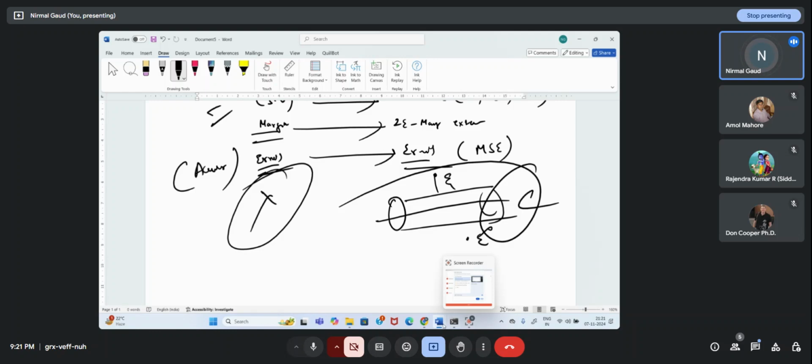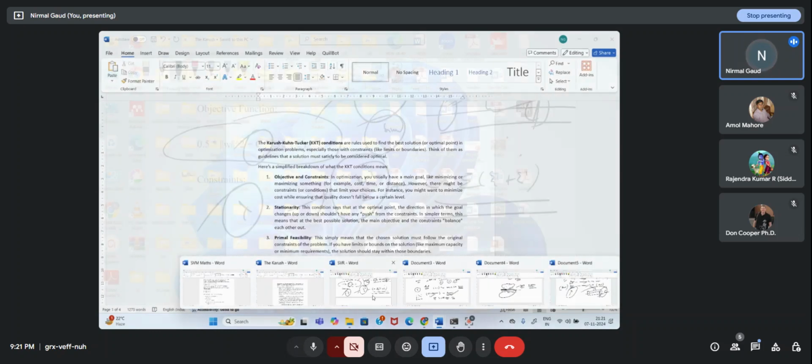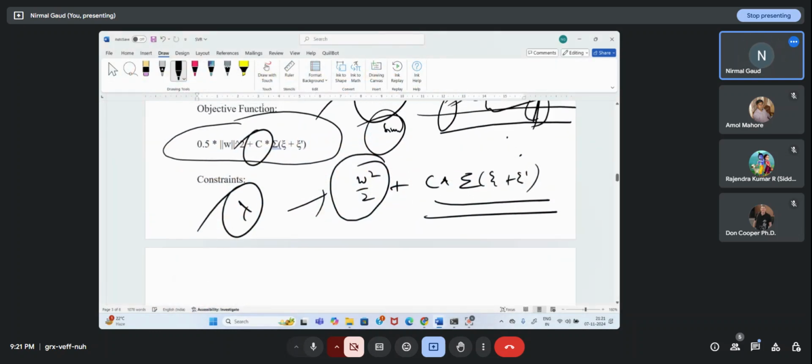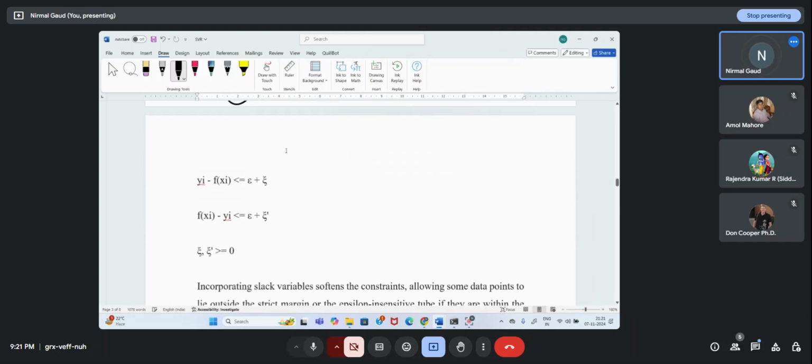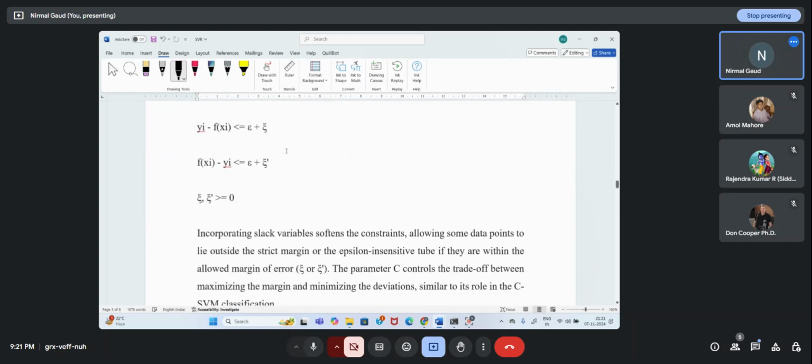And what they said? They said C into summation of slack plus slack dash. At that particular time, we were having the hyperplane. Now we are having the slack variables. Slack variables will be responsible, and the slack variables will be greater than or equal to 0.